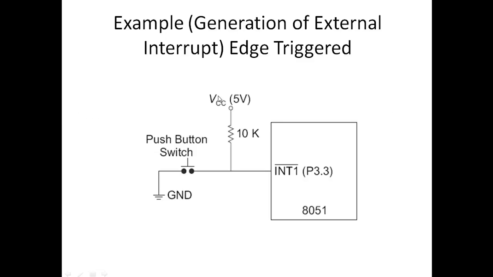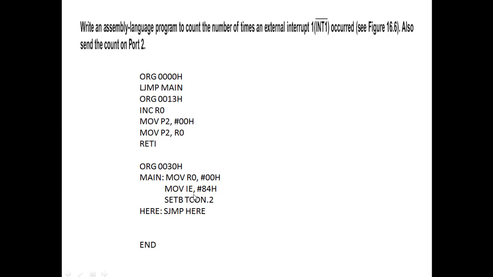Okay, remember that thing. So what we are doing is saving 00 in the R0 register. That means it's hexadecimal data, so the entire R0 will consist of zeros only. Now we initialize our IE, or we enable our interrupt enable register, as per our requirement.